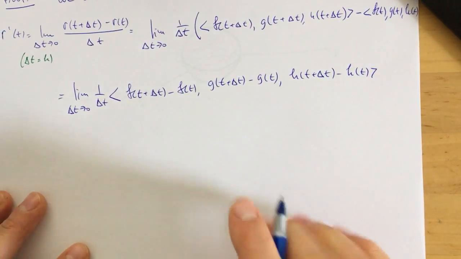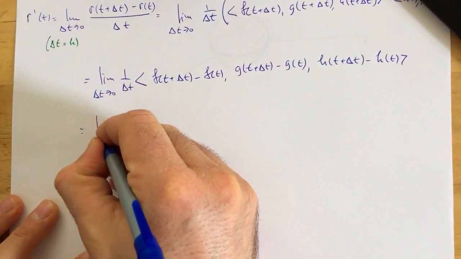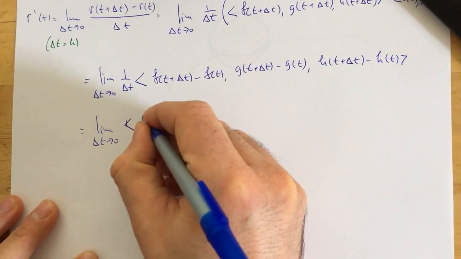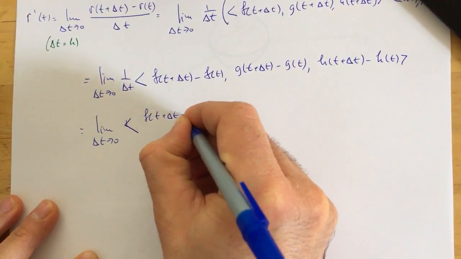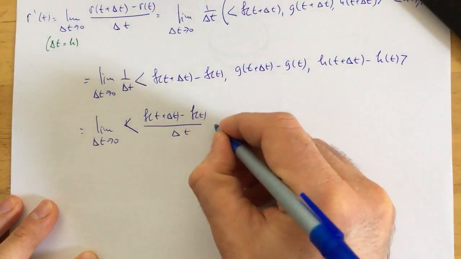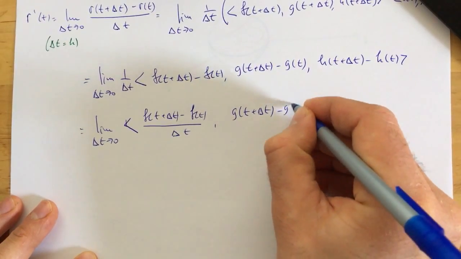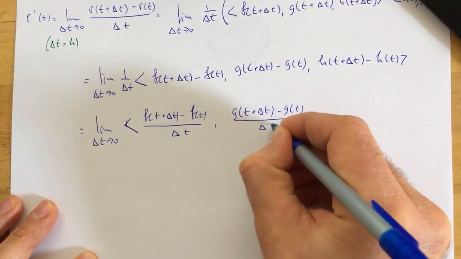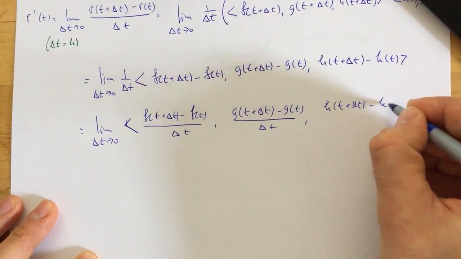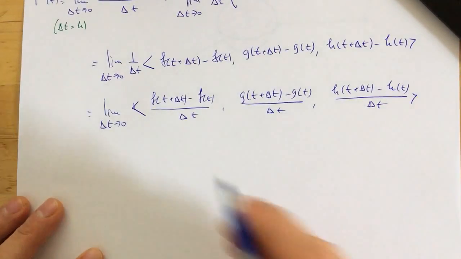Okay, then we can multiply it by this constant, 1 over delta t: (f of t plus delta t minus f of t) over delta t, (g of t plus delta t minus g of t) over delta t, (h of t plus delta t minus h of t) over delta t, okay?